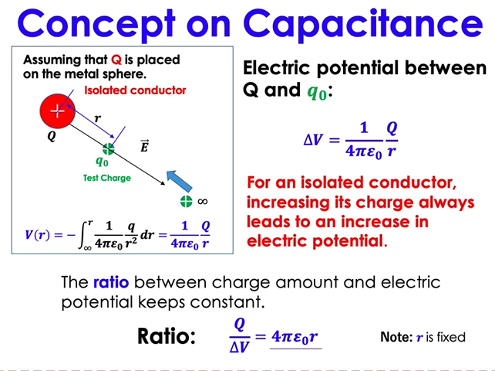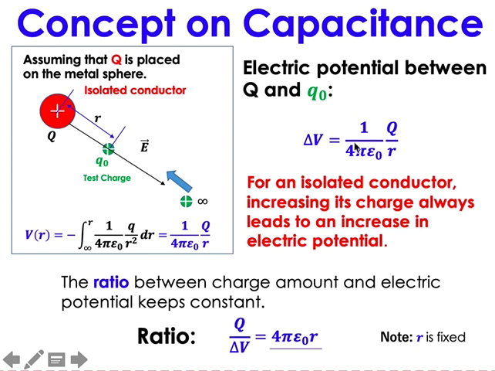However, the ratio between charge amount and electric potential stays constant. For this isolated conductor, this ratio is equal to Q divided by delta V, the potential difference.